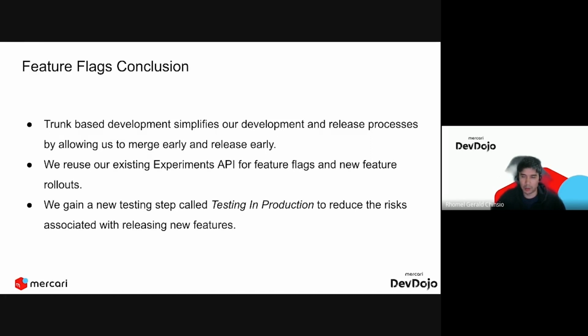There will be more distinction in the future between feature flag and experiment. And one reason why we do this is to enable testing in production, which, contrary to what it sounds like, actually allows us to reduce the risk of rolling out new features.